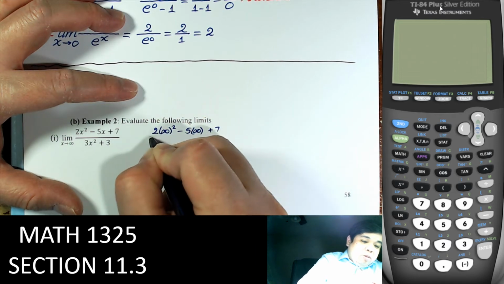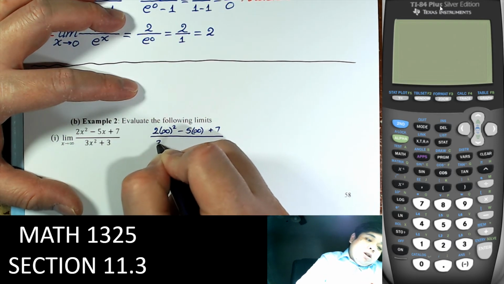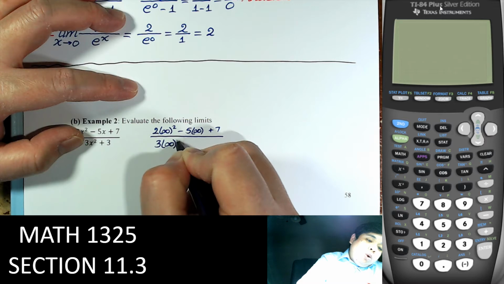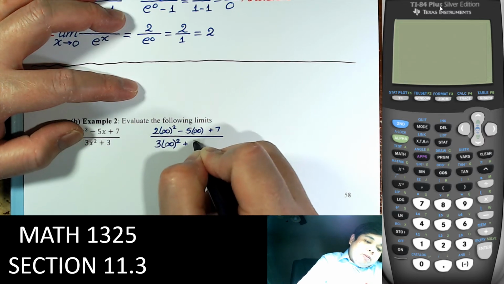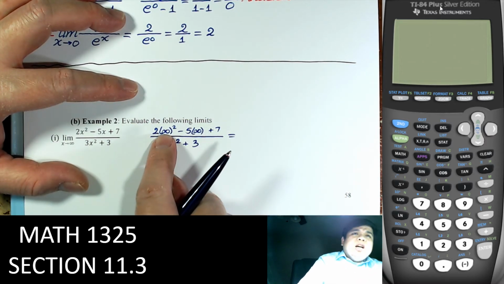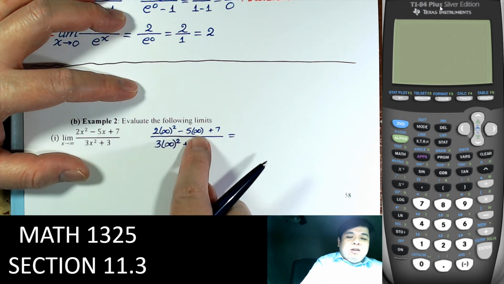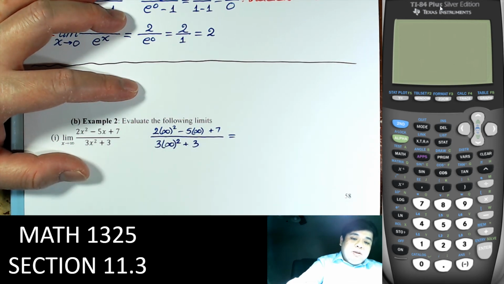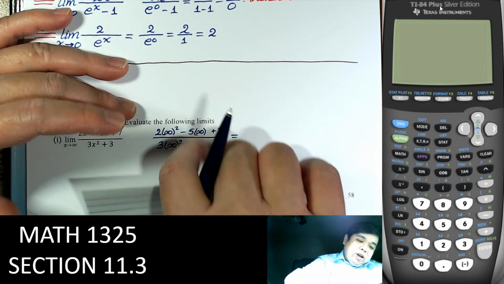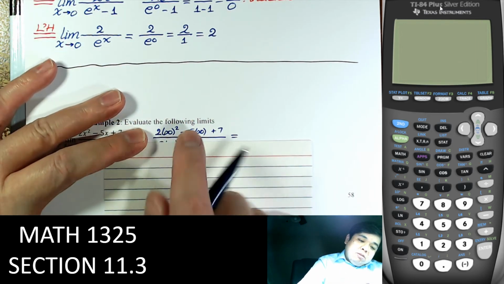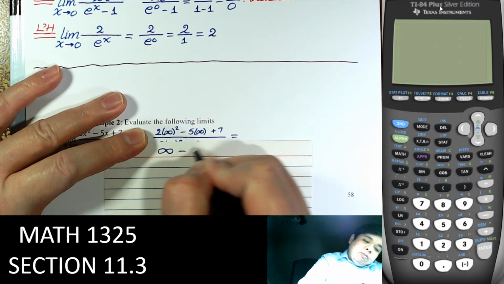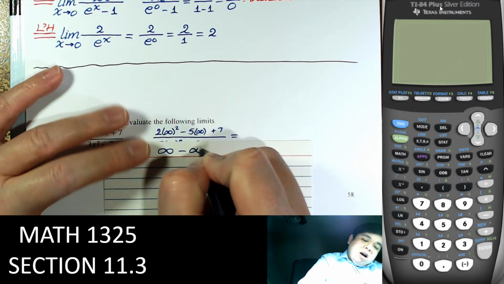But as I mentioned before, when something like this, only the one with the highest power matters. So even though you said, okay, 2 times infinity is infinity, minus 5 times infinity is negative infinity, right? So here we have 2 times infinity squared is infinity, and 5 minus infinity is minus infinity.